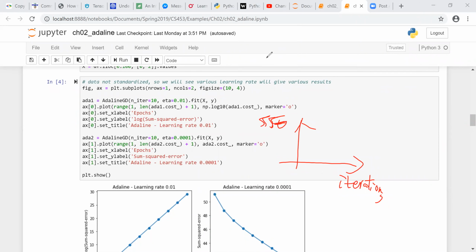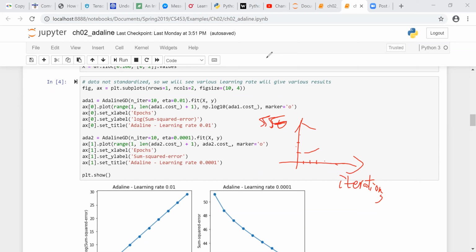So based on what we just described, you just think about this question. So this is the number of iterations, is it? You increase the number of iterations. And here is the sum of the error, is it?